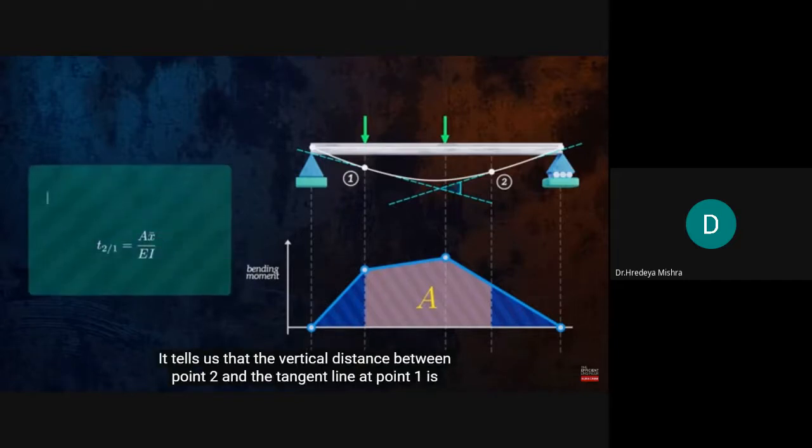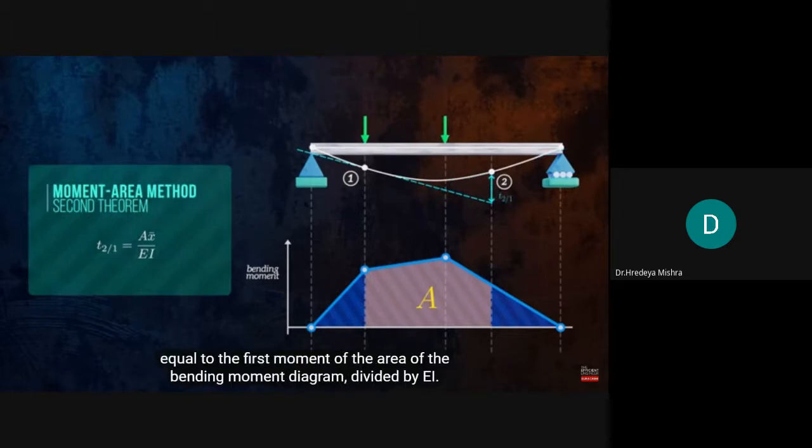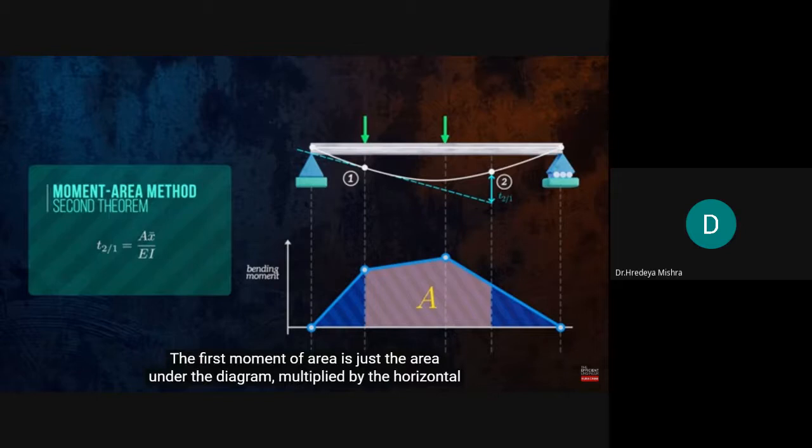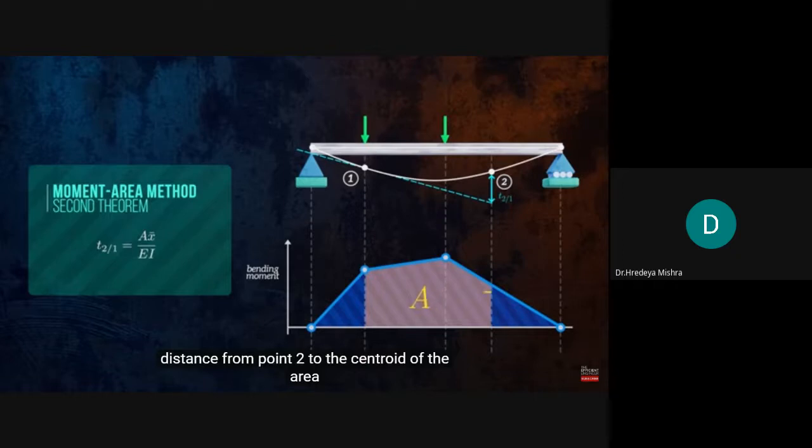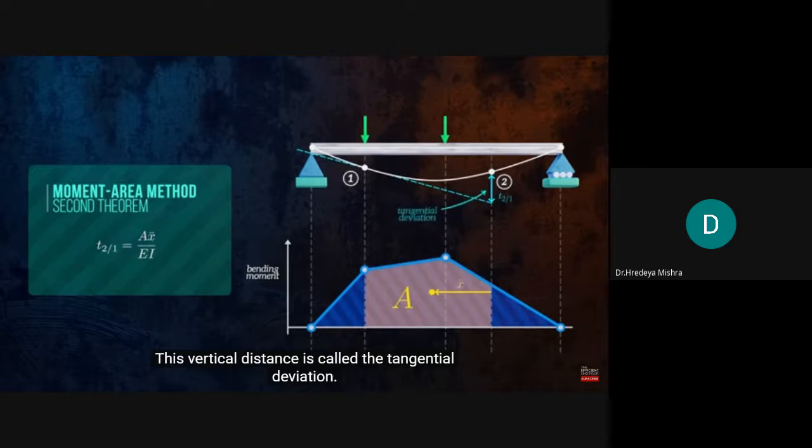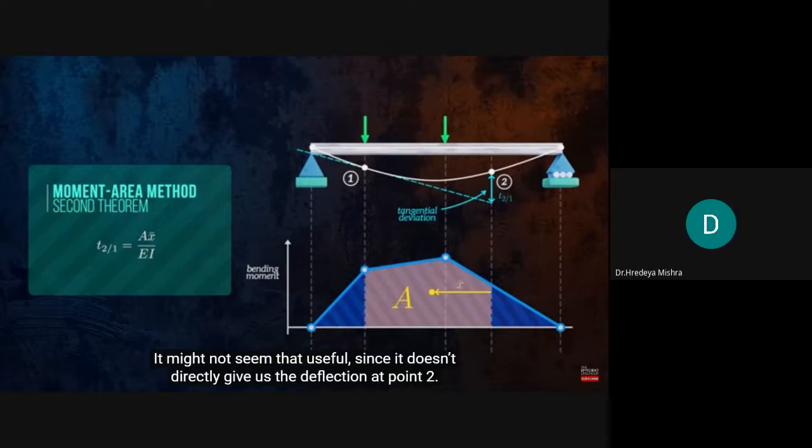It tells us that the vertical distance between point 2 and the tangent line at point 1 is equal to the first moment of the area of the bending moment diagram, divided by EI. The first moment of area is just the area under the diagram, multiplied by the horizontal distance from point 2 to the centroid of the area. This vertical distance is called the tangential deviation. It might not seem that useful, since it doesn't directly give us the deflection at point 2.